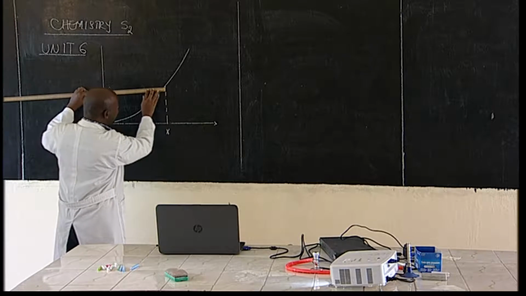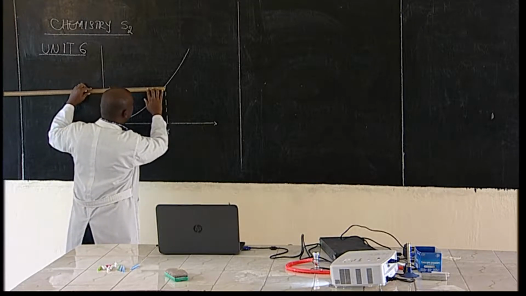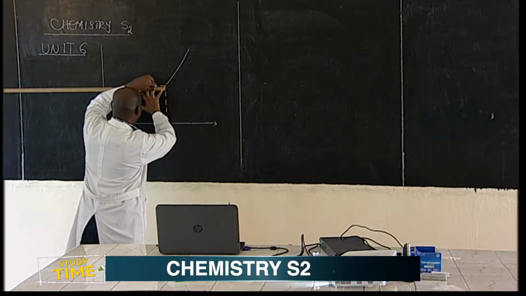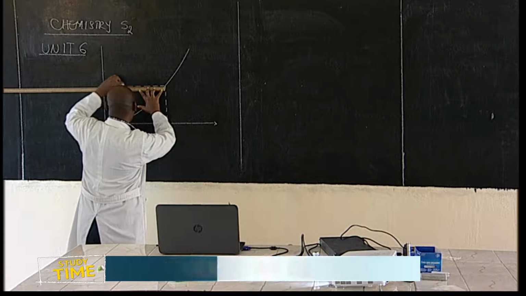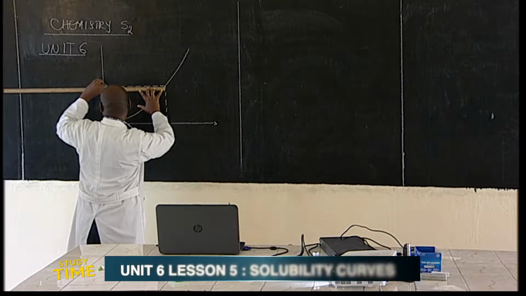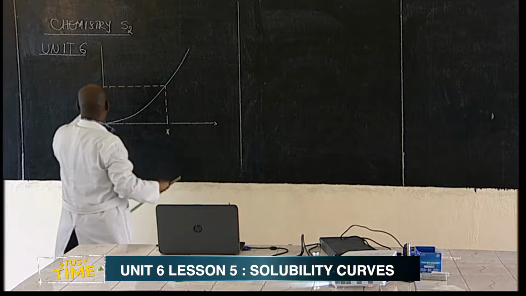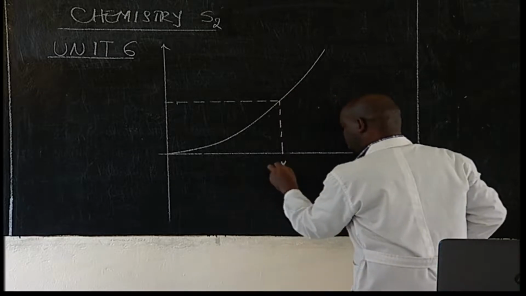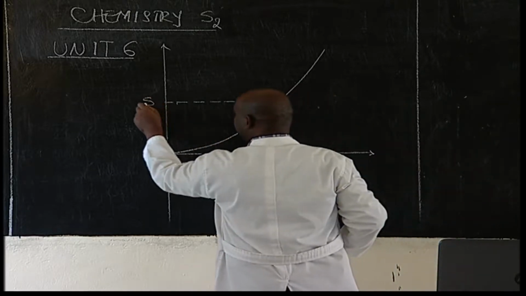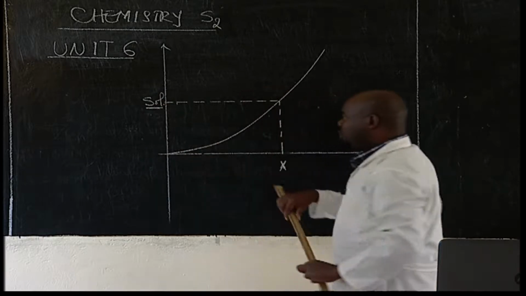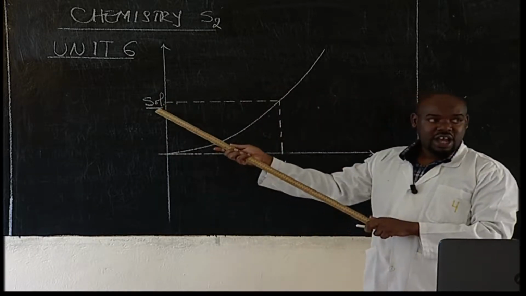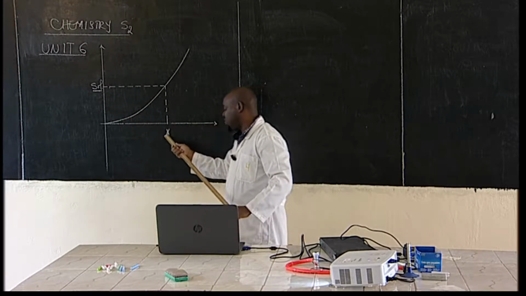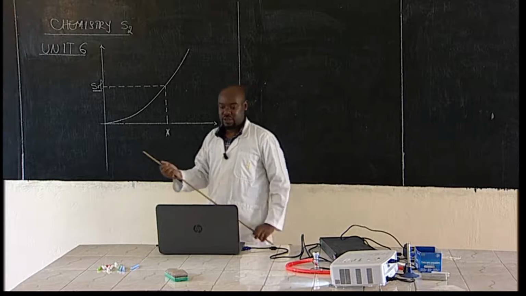And then you draw another one extending from the solubility curve up to the solubility values, the solubility axis, that is for y, and then at this temperature, you find the value of solubility. So the value you will have on this axis will be the solubility of this substance at this temperature. That is how we do it.